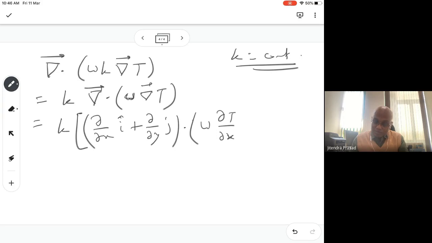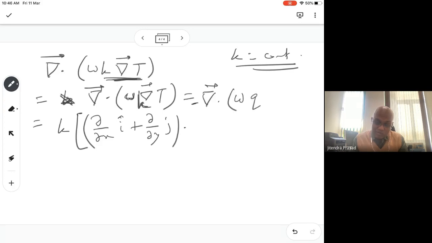Instead of writing it that way, we can write this whole thing as q, so that we are not confused. So put K here. That becomes equal to minus, then W, then q. We have converted back to q now, so we have the minus here.